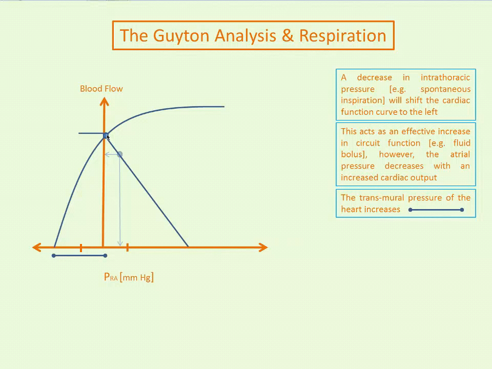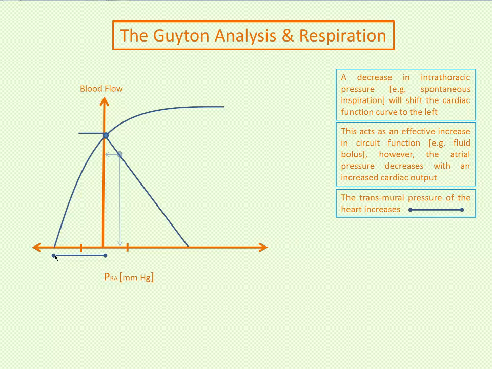What's also important here is that you can get a visual representation of the transmural pressure, and that is the intracardiac pressure here, the pressure within the cardiac chamber, minus the intrathoracic pressure, that's the ambient pressure as defined by the x-intercept here. So your transmural pressure during an inspiration is actually increased.